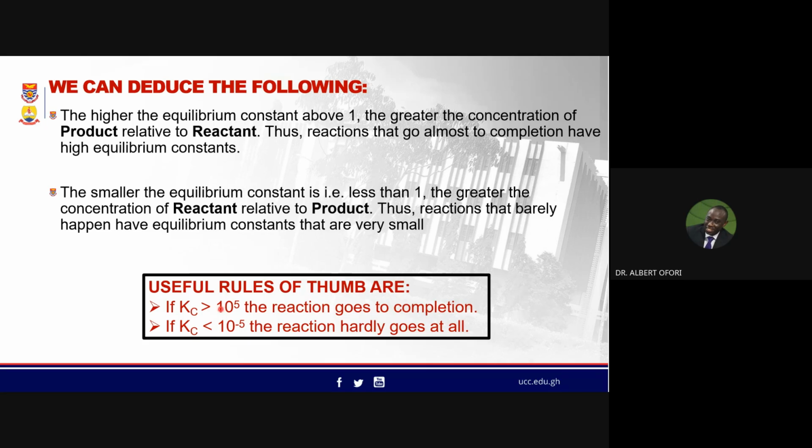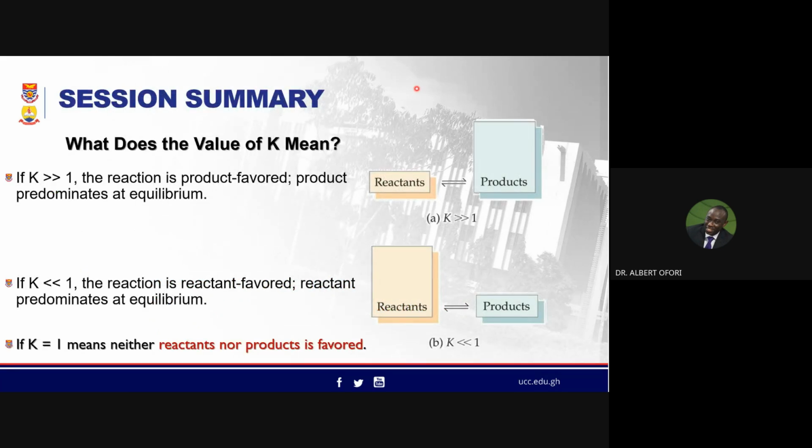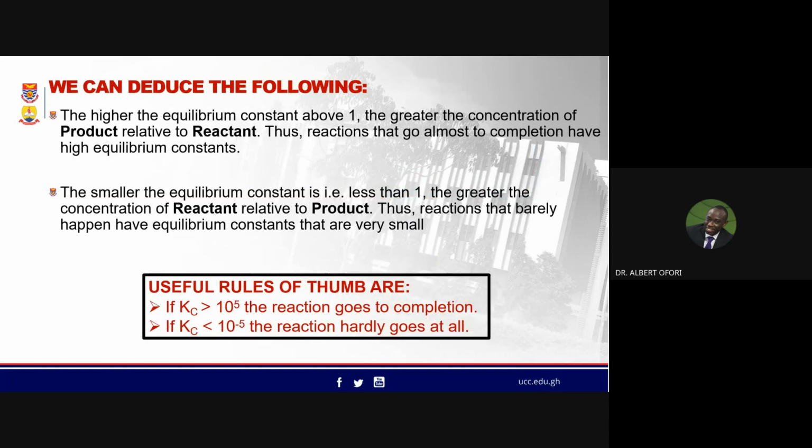But if it is more than 1, it's going to go to much of the product side. So if it is less than 1, the reaction will find it difficult to go forward, but if it is more than 1, of course, it can go to completion. Keep this in mind; we'll be needing it later.